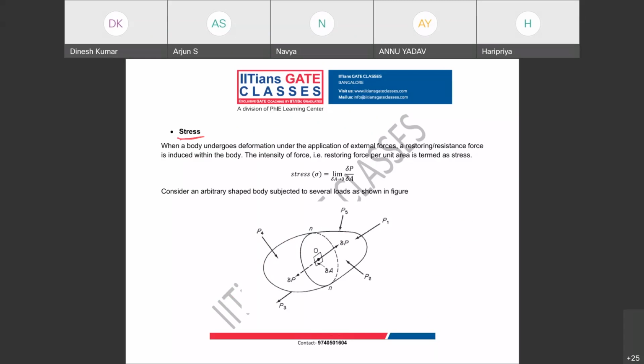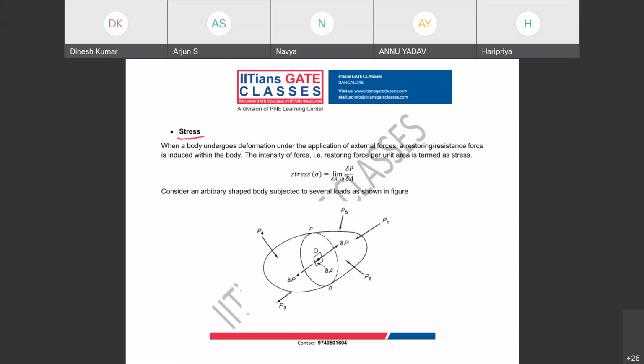But what is pressure then, guys? Pressure is normal force per unit area. So stress can't be normal force per unit area. If you see numerically, both are one and the same. Both are intensity of force, either stress or pressure. But what is the physical difference?